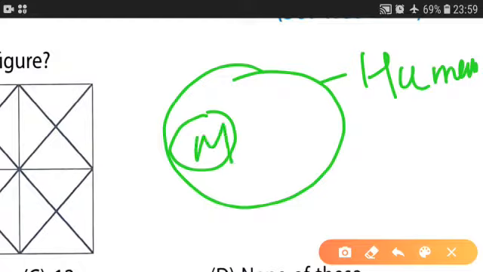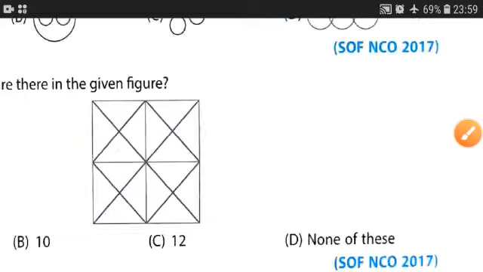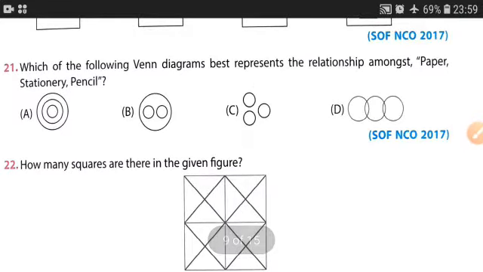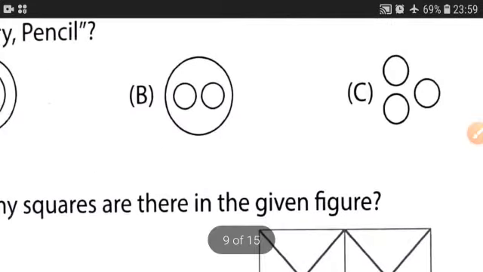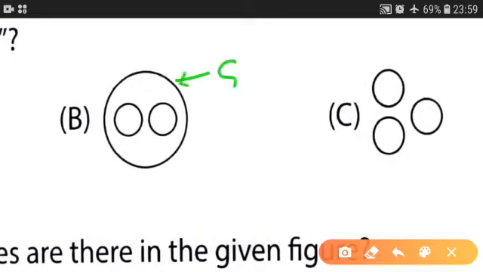Yes, men are human, so it is inside it. Again, this circle is for women. Women are also humans. Okay, so this is the representation. This kind of representation we use. So we have three things: paper, stationery and pencil. If you go to a stationery shop, you can take this as stationery.